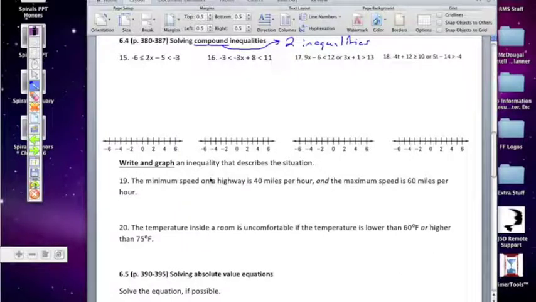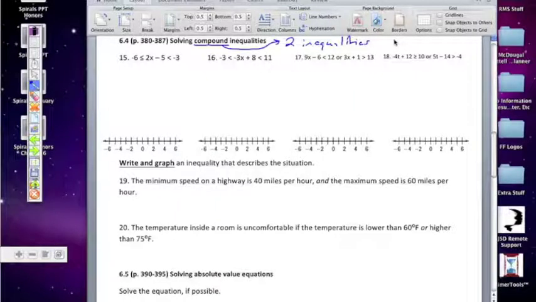We can have 2 situations happen here. Does anybody recall the first? What are the 2 types of situations we can have? I'll give you a hint. If you look at 17 and 18, you'll know the second situation. Oh, and or.